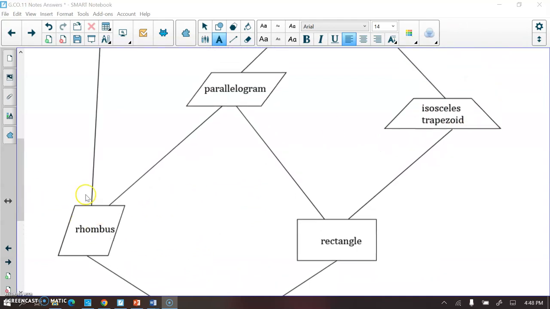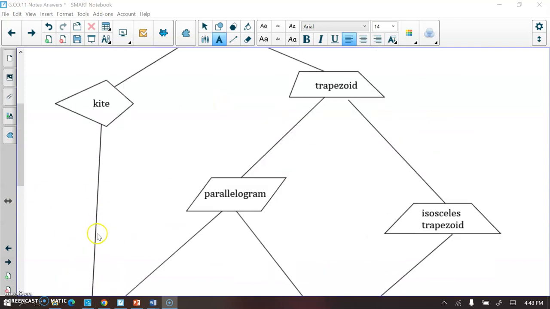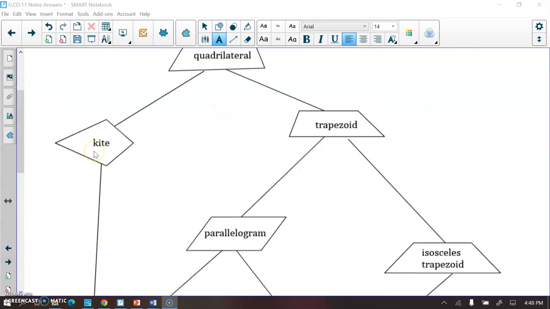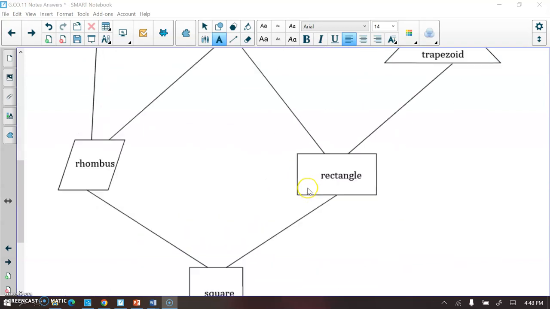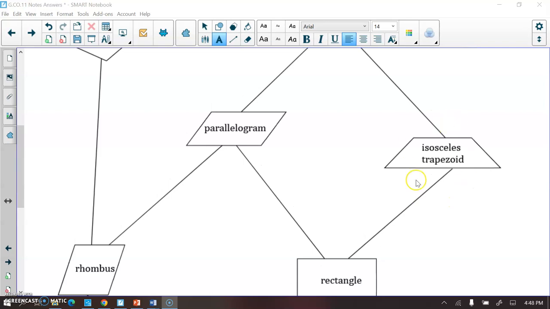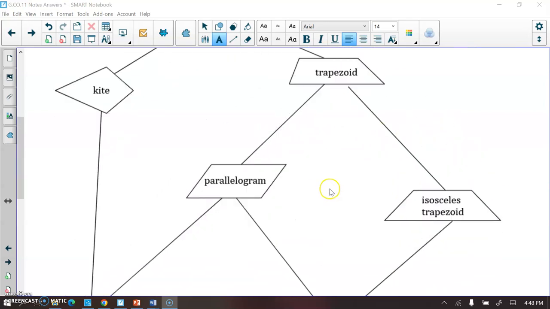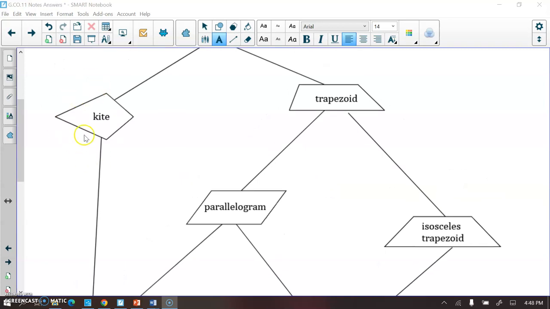A rhombus is always a parallelogram, and a rhombus is also always a kite. A parallelogram is always a trapezoid. An isosceles trapezoid is always a trapezoid. A square is technically always an isosceles trapezoid, always a trapezoid, and always a kite.